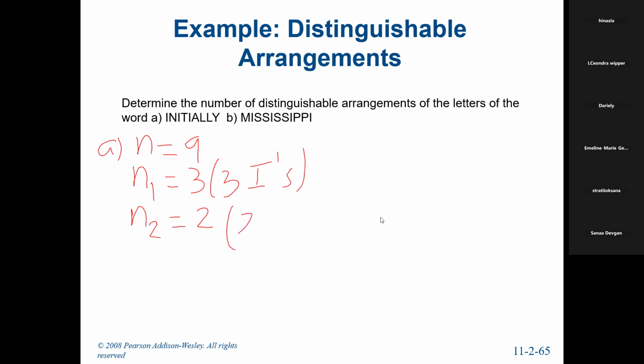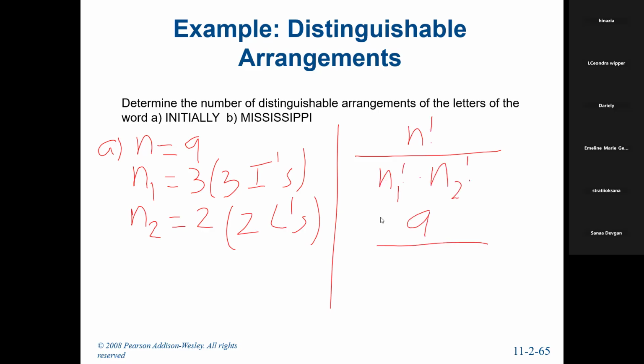N2 is 2 because we got 2 L's. So that will give you n factorial over n1 factorial times n2 factorial. That's 9 factorial over 3 factorial times 2 factorial. And then you do this calculation here.